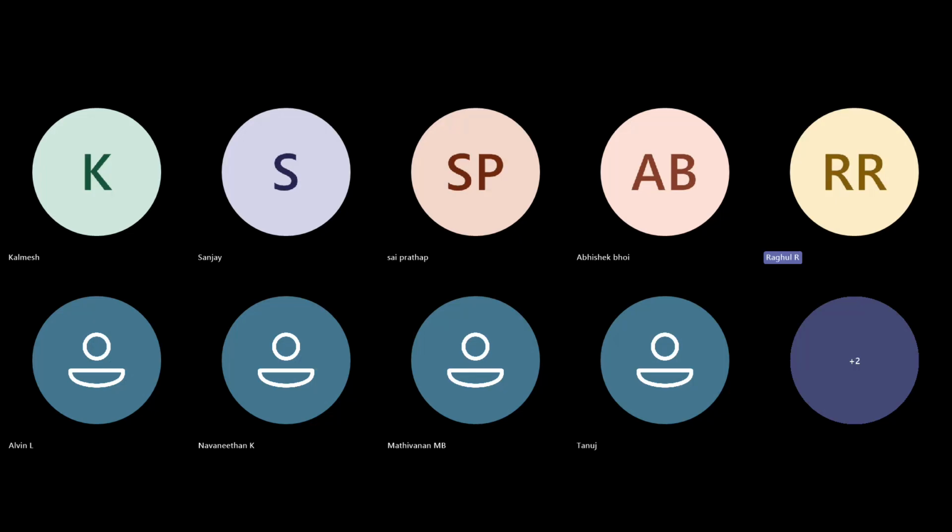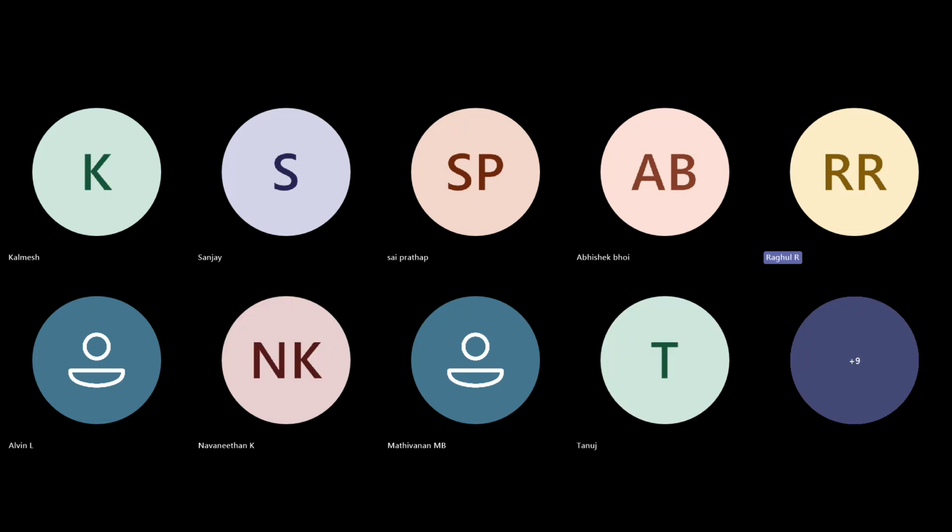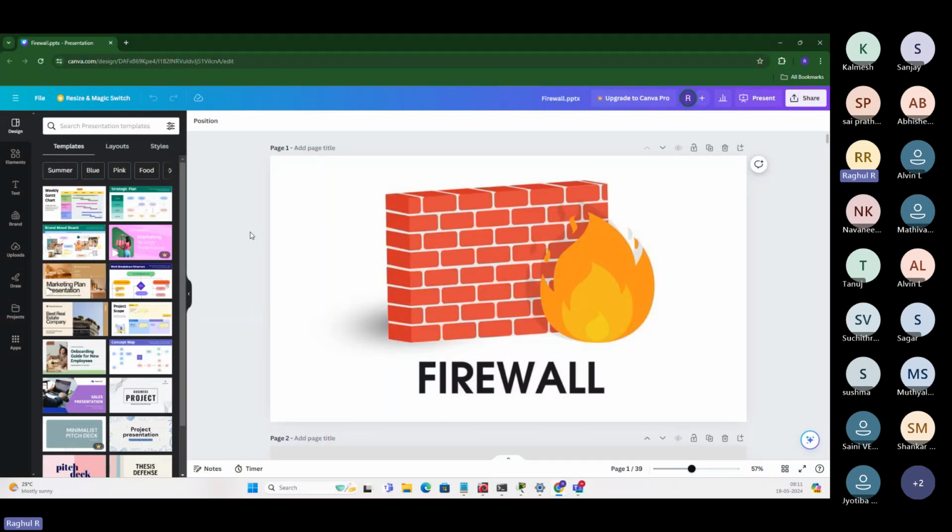So here, CCNA and CCNP students are there. You guys are already aware of IP addressing, networking, WAN, LAN. These network type basics everyone knows, I guess. If everyone knows the basics, please raise your hands.